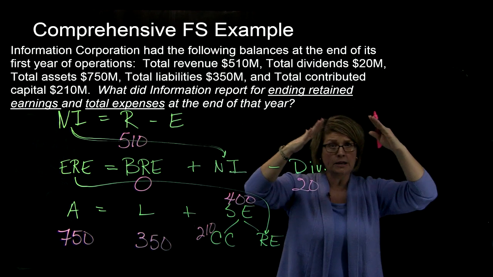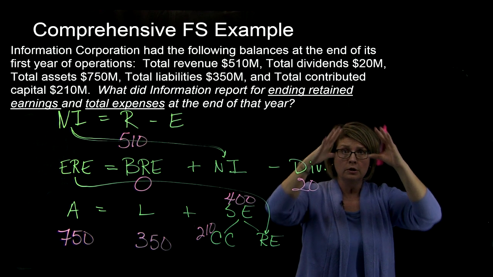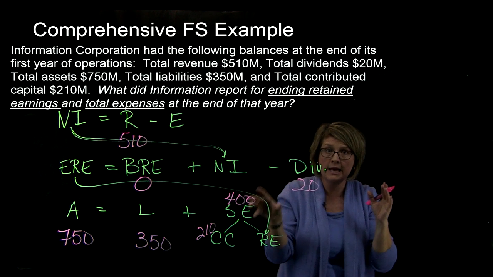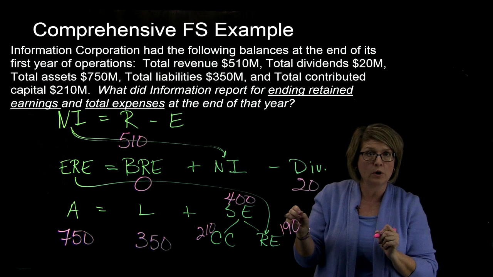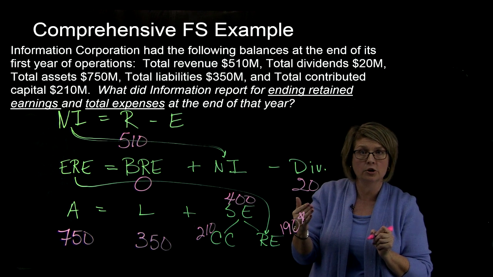Stockholders' equity has two pieces, contributed capital and retained earnings. If the total of those two pieces is 400, and we know one of those pieces is 210, then the other piece, retained earnings, has to be 190. And again, that was one of the pieces we were looking for. So ending retained earnings is 190.